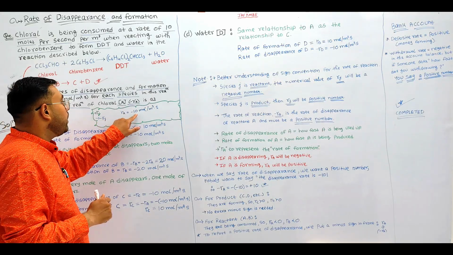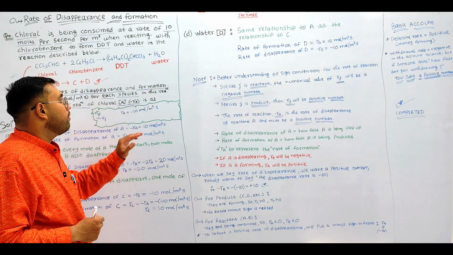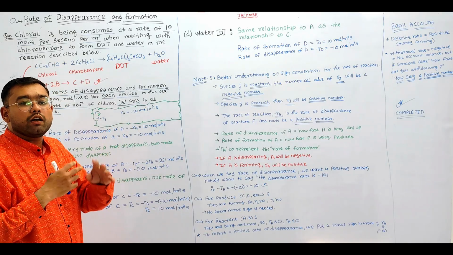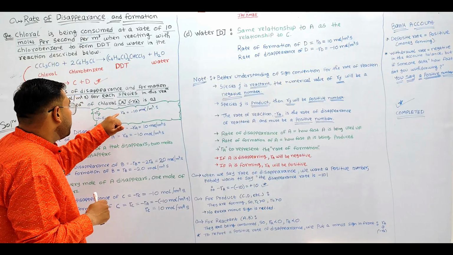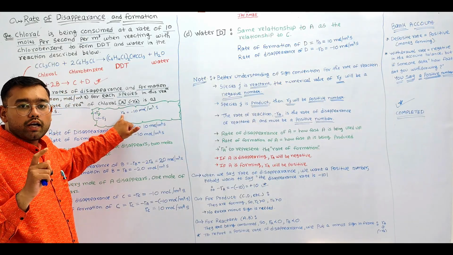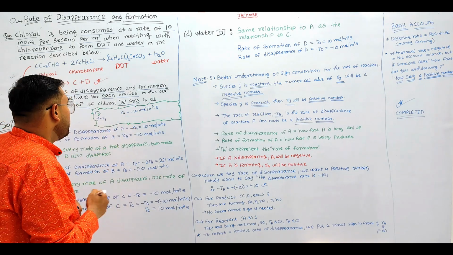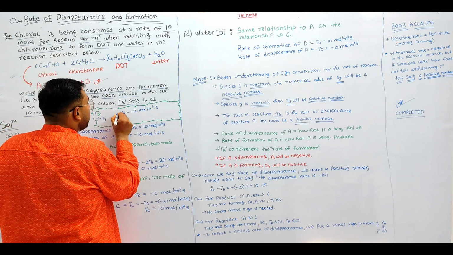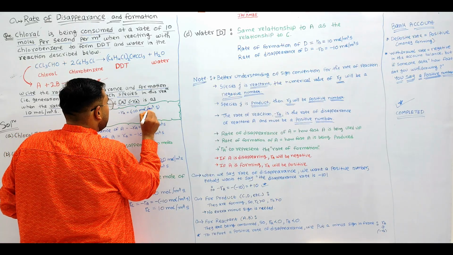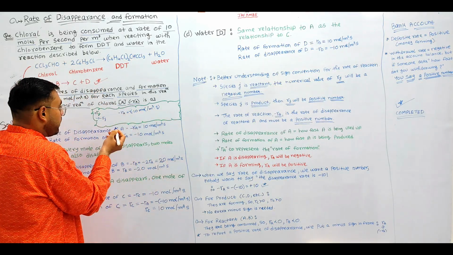So as per the question, we have 10 moles of A reacting with B and getting converted into C and D. But here this Ra means the rate of formation, and we are writing the rate of disappearance, so we'll apply the negative sign on both sides.